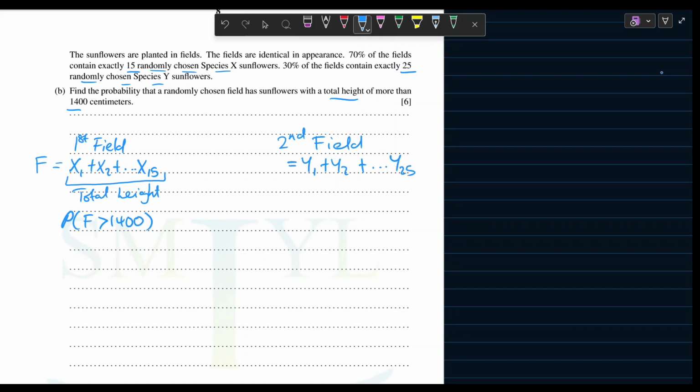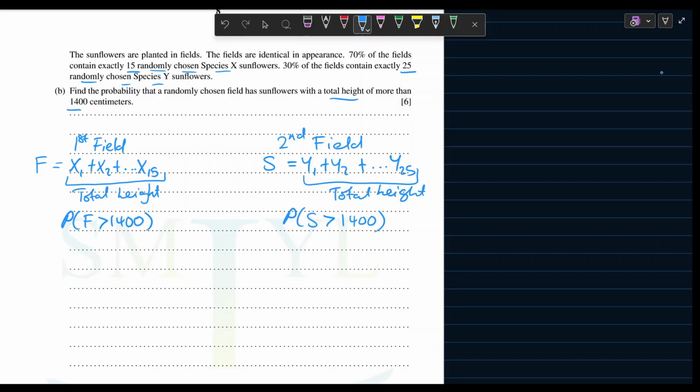Okay, and I'll denote this as S. And again, this is the total height for this field that only contains our species Y sunflowers, so total height. And we need to find the probability that the total height of this type of field is more than 1,400.